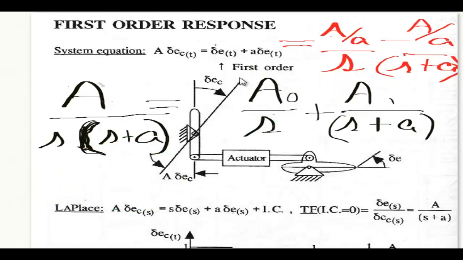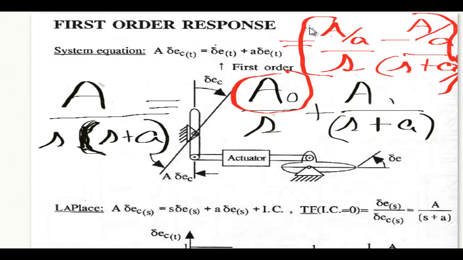Then if I substitute A0 with capital A over little a, and A1 with minus capital A over little a, then I have this transfer function shown at the top, which I can see by inspection the inverse Laplace.